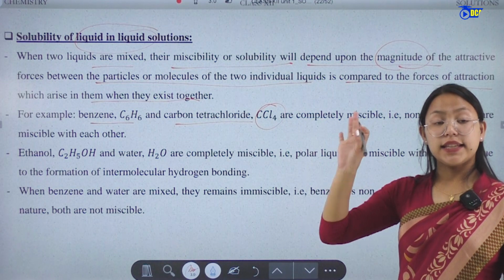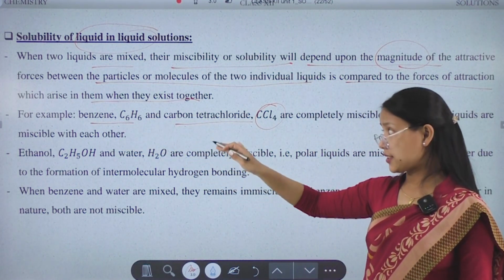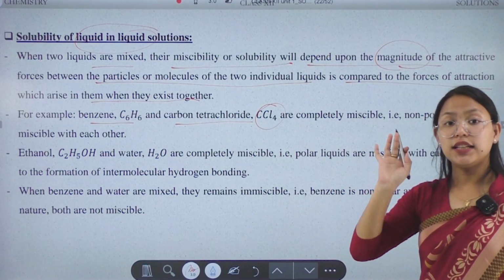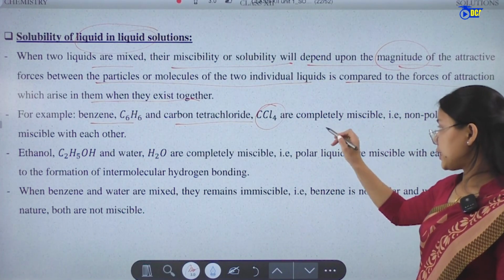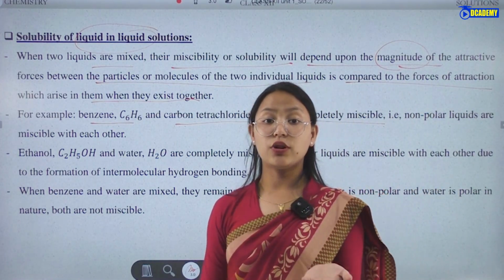So for example, benzene C6H6 and carbon tetrachloride CCl4 are examples of liquid in liquid solutions, and they are miscible. This concept is about miscible or immiscible.